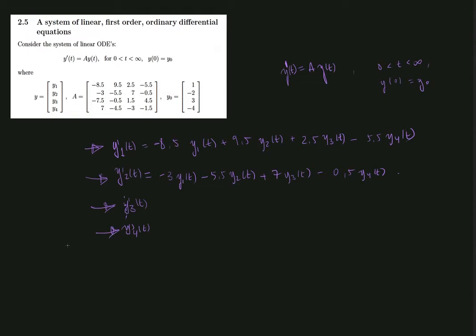And compared to the earlier one-dimensional cases, this also means that when I have found my solution y of t, if I'm asked to plot y of t, then it's not just a question of plotting one graph anymore. I'm actually plotting the graph of 4 coordinate functions.